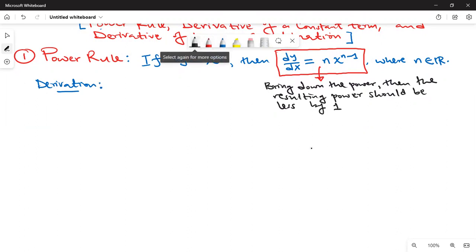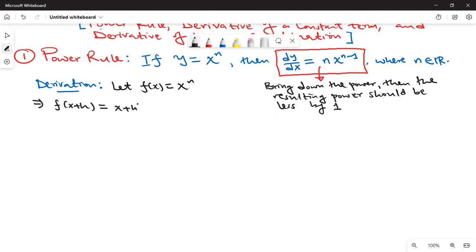So what you're going to do is to say let f of x be equal to x raised to n. This means that our f of x plus h will be equal to x plus h raised to n.